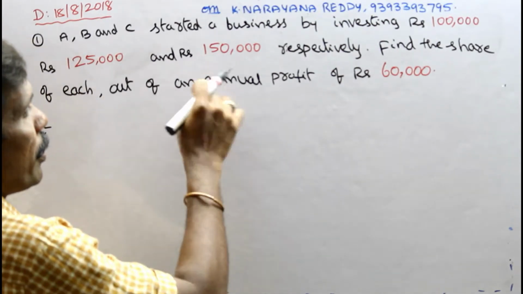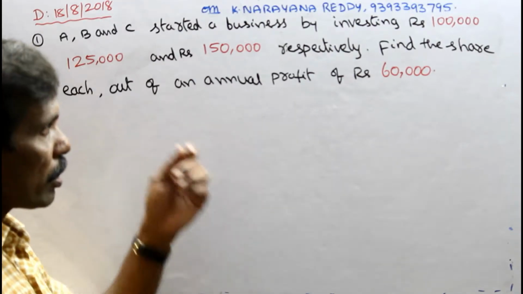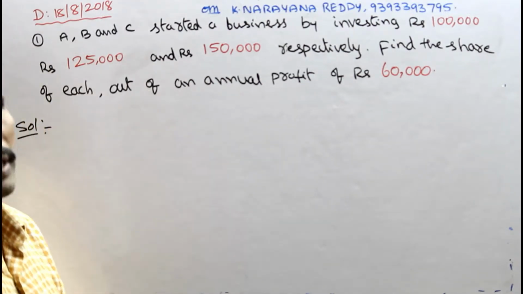Here, what is the ratio of the shares of A, B and C?